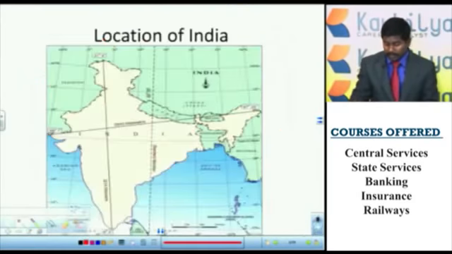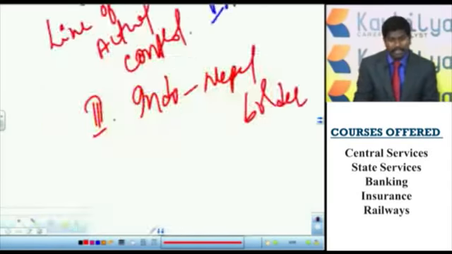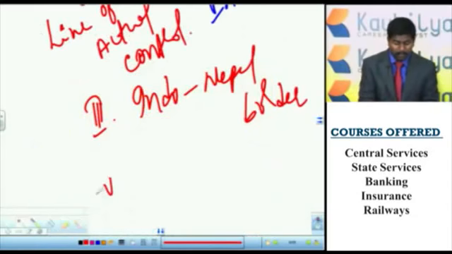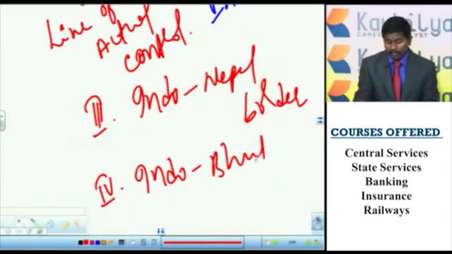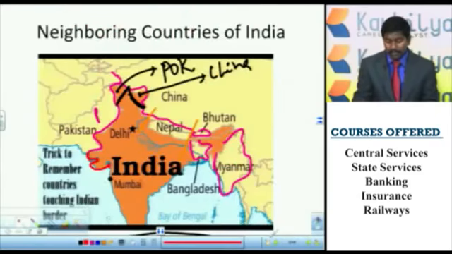Then coming to the border between India and Bhutan. This is Bhutan. This is also clearly defined, and there is no dispute regarding the Indo-Bhutan border, so it is simply called the Indo-Bhutan border. And after this, coming to Bangladesh.